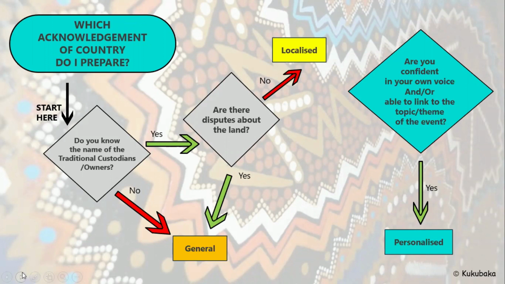If you don't, and the answer is no, then you're going to deliver a general acknowledgement of country. And we've already had a look at the examples of an acknowledgement of country and these different forms: general, localized, personalized. So I hope that this chart will help you to make your decision to where you feel competent and confident and which acknowledgement of country you're going to conduct.